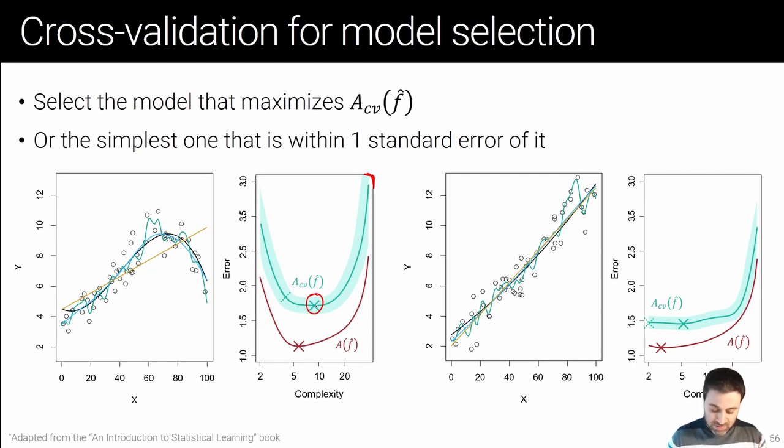So in this case, if the optimal is over here, and this is the standard error, then it would be somewhere around there. This would be the one, because it's statistically indistinguishable from the optimal one. If we go to the standard error, what is the smallest one that is within one standard error? Over here. So that's what we would choose.